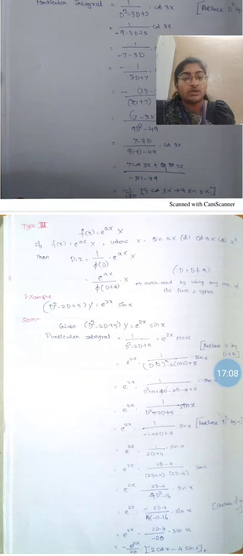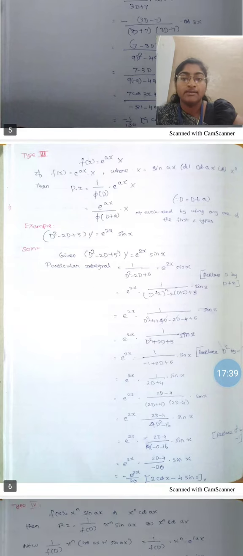Particular integral equals 1 by phi of d into e power ax into X. So convert d to d plus a. In the exponential form we converted d to a. In sin or cos ax we converted d square to minus a square. In type 3 we convert d to d plus a. So my d is replaced by d plus a. Again we continue with type 1 or type 2 depending on the question.